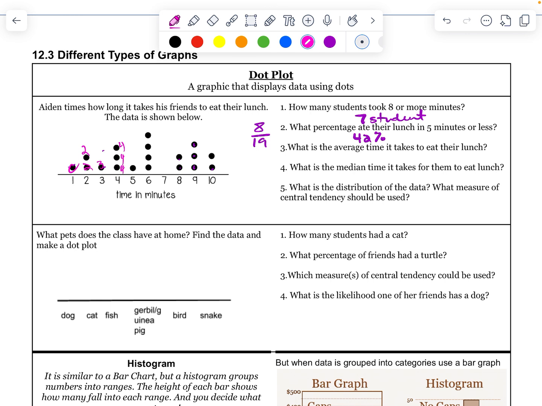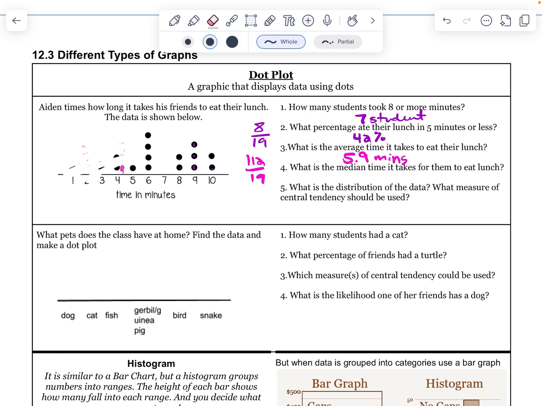No 7s plus 16. 9 times 3 is 27 plus 20. So I got, for my average, 112 divided by 19 is 5.9 minutes. And if you look at this, that data kind of makes sense. I have some outliers up here, a little bit longer, but yeah, about 5.8 minutes, 5.9 minutes.